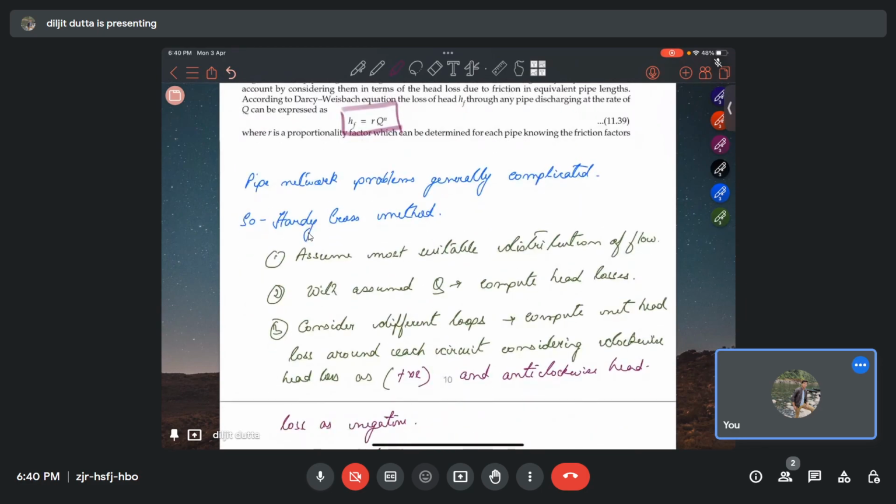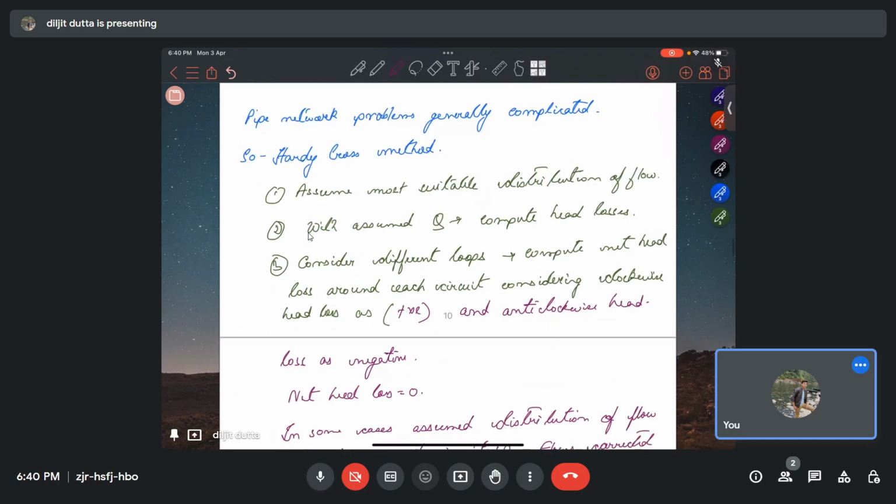Secondly, with whatever value of Q we assumed for each pipe, we compute the head loss, and then we consider the different loops in the pipe network and compute the net head loss around each circuit, considering the clockwise head loss as positive and anti-clockwise head loss as negative.